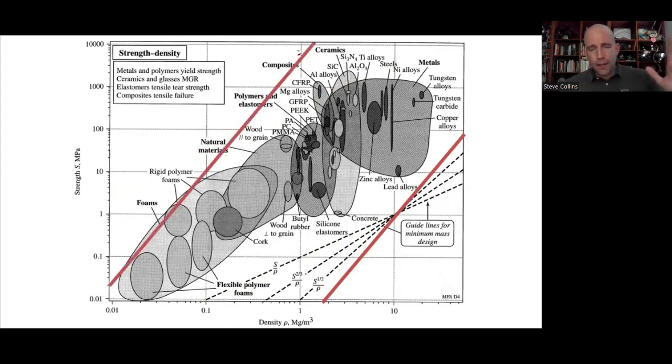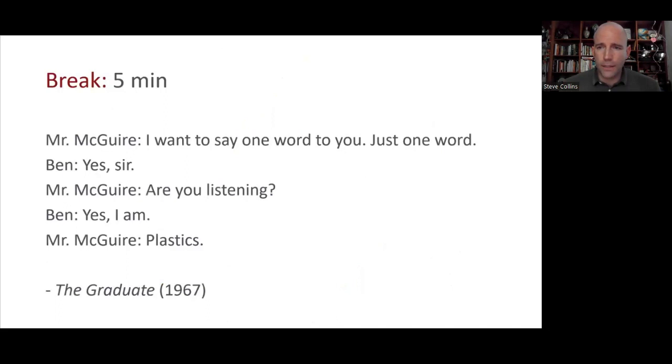And if we move that line up and to the left, we'd see that, gosh, our composites and ceramics are not good at all compared to foams, which are like an order of magnitude better. So you really need to go through that quick analysis, whatever your objective is, and find out what the material factor is for your case.